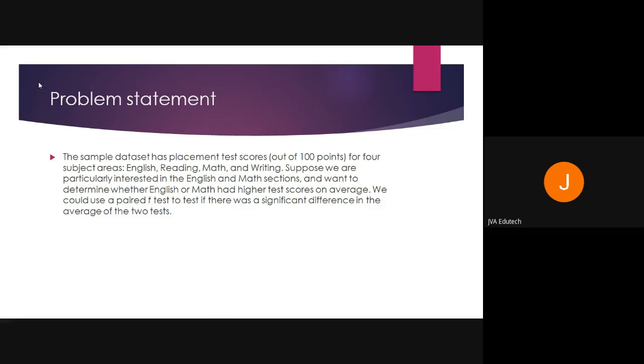Here you can see the student is the same. We want to test his scores in the English and math subjects, two different situations, and whether his scores in English and math differ or remain the same. The individual is the same, only the situations differ, so the paired sample t-test will be used. Let's apply.